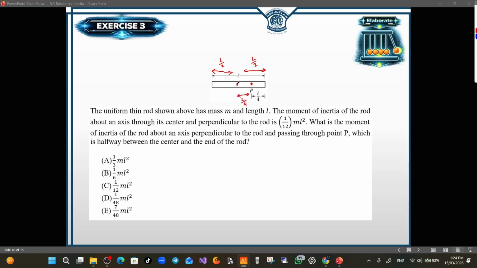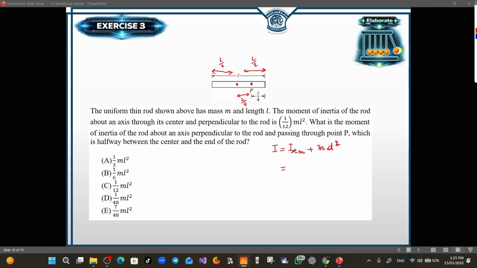Because I need to know the distance between the old axis of rotation and the new axis of rotation, because whenever we have shifted the axis of rotation, to find the new moment of inertia, we need to apply the parallel axis theorem. So the new moment of inertia is equal to the old, which is the one that passes through the center of mass, plus the mass of the rod, which is here m, times the distance between them, d squared, between the two axes.